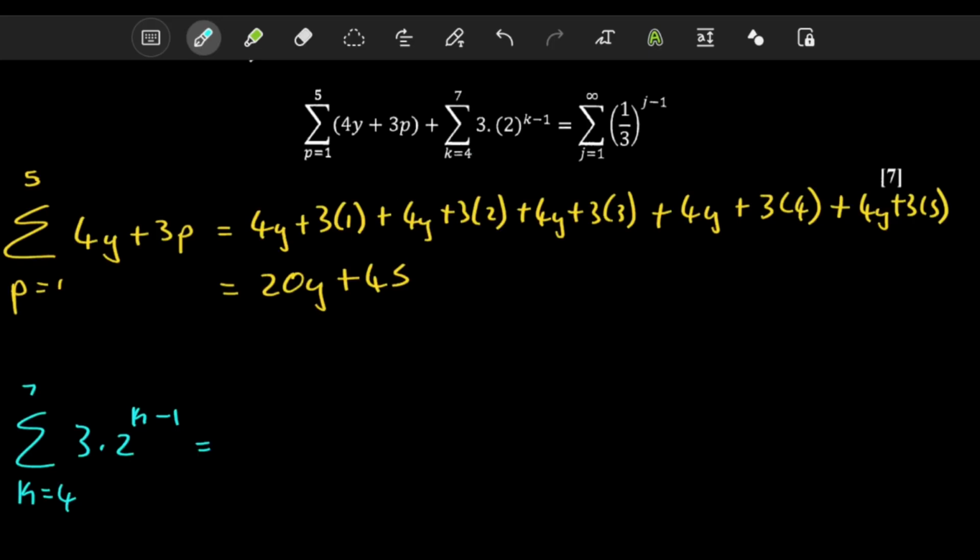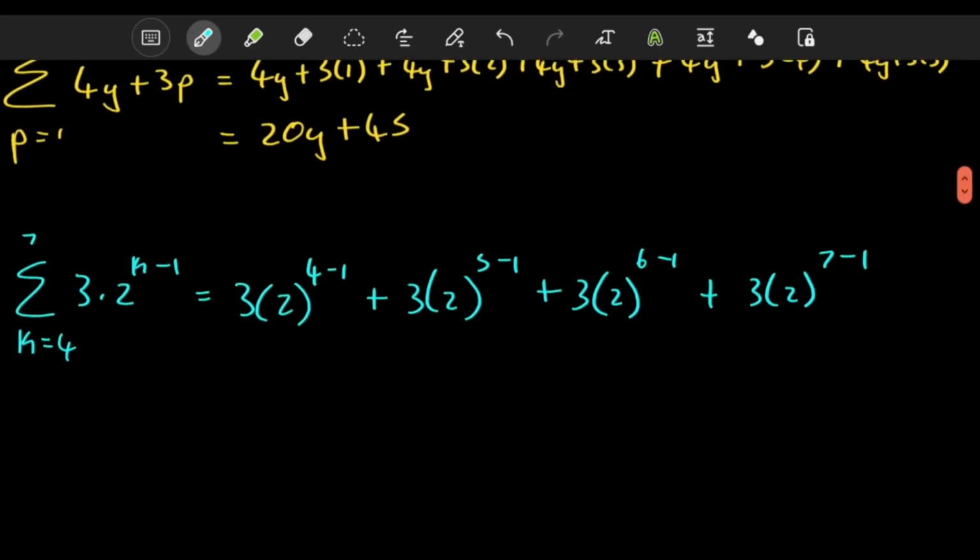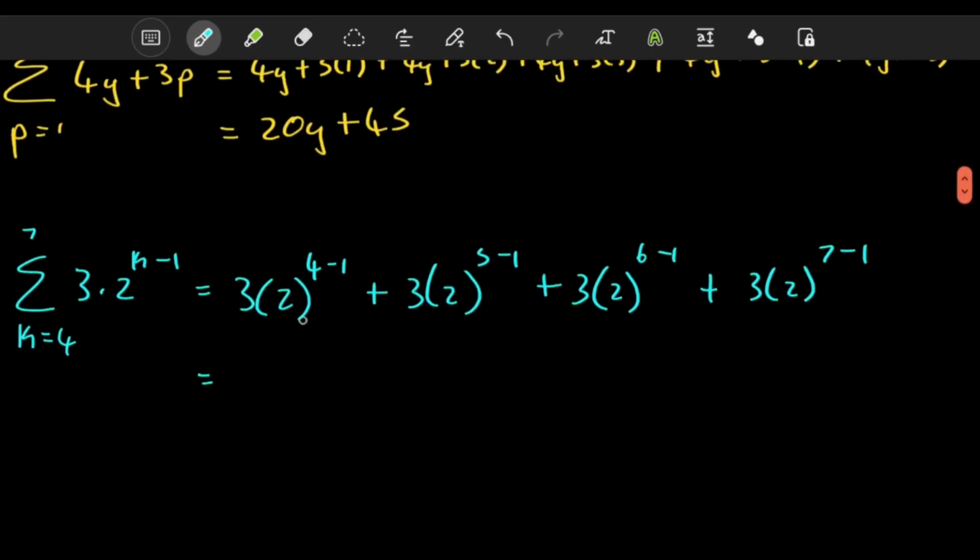It's just 4 numbers. So this is like 3 with a 2, you're going to put a 4 here. And then 3 with a 2, you're going to put a 5 here. 3 with a 2, you're going to put a 6 here. 3 with a 2, you're going to put a 7 here, like that. Obviously you can just put it into your calculator. It's nothing crazy, nothing major.